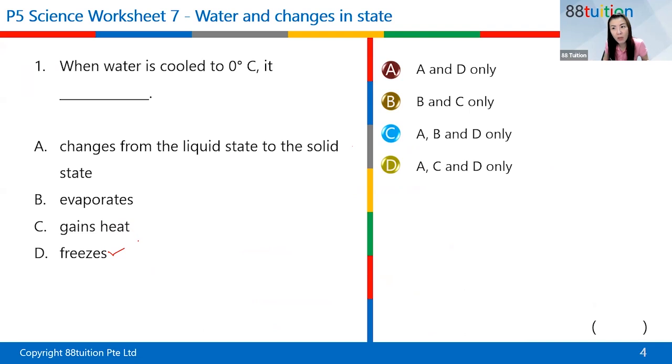Do you think when water is being cooled to 0 degrees Celsius, will it gain heat, Vinoli? No, it doesn't, right? Okay, will it evaporate? Will it change from liquid to solid state? Yes. Okay, so this is correct. Answer is A.